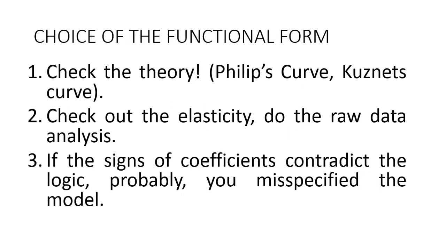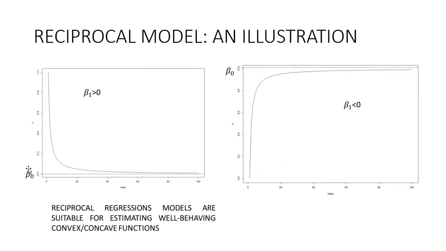Okay, so just to make some conclusion, how do you choose the functional form of your regression model? First of all, you should check the theory. If you analyze the relationship between inflation and unemployment, then you have some nice piece of macroeconomic theory which tells you that this trade-off is described by the Phillips curve, and the Phillips curve is a convex decreasing function, as simple as it is.